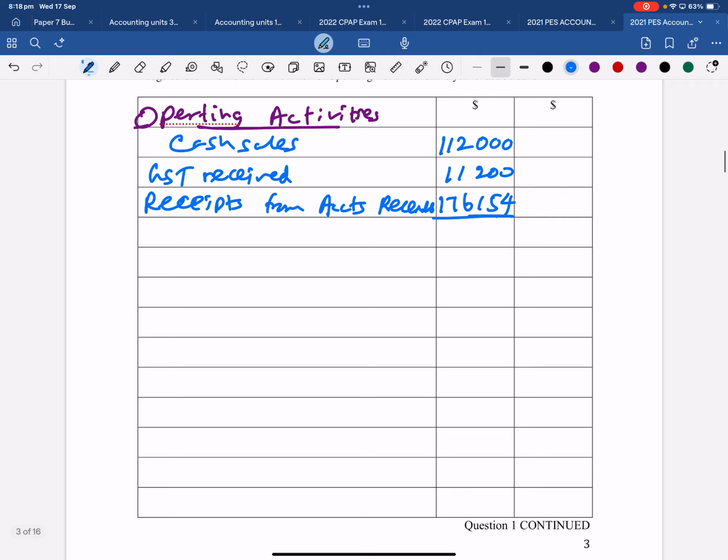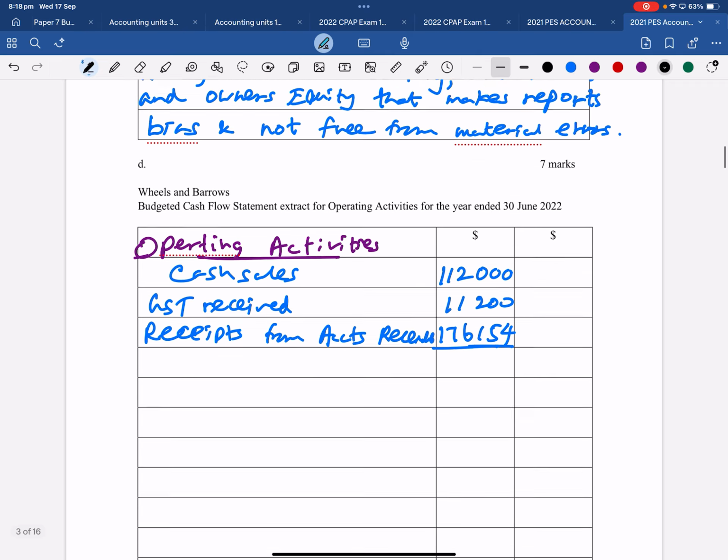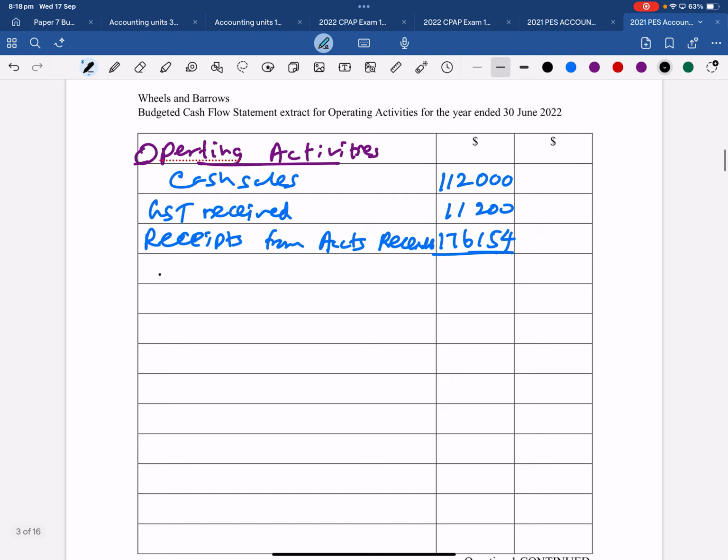Basically, that's all for the cash receipts. Then we have cash payments that are going to be starting from purchase or inventory purchased. How much? 29,000.